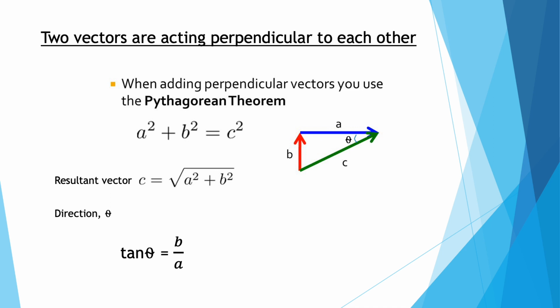Two vectors acting perpendicular to each other. When adding perpendicular vectors, we have to use the Pythagorean theorem. Here vector A and vector B are acting perpendicular to each other.